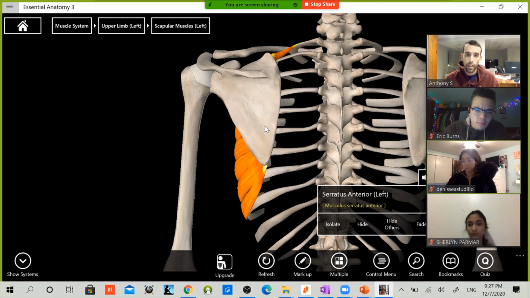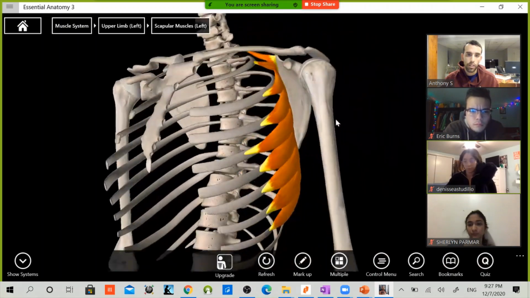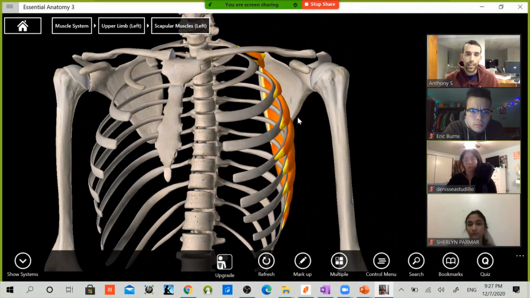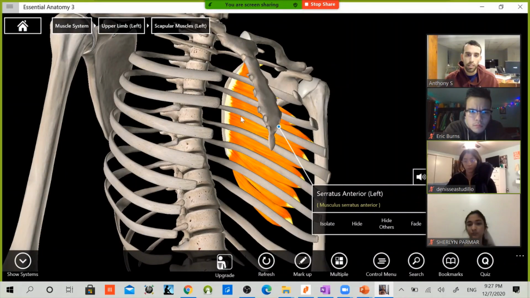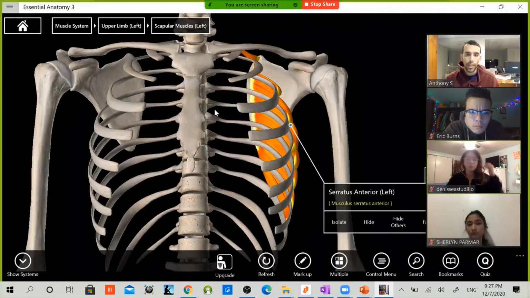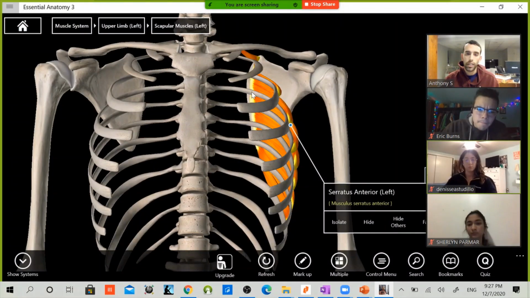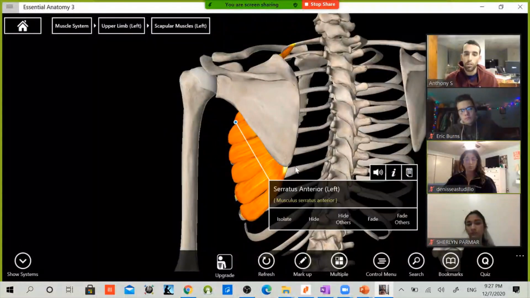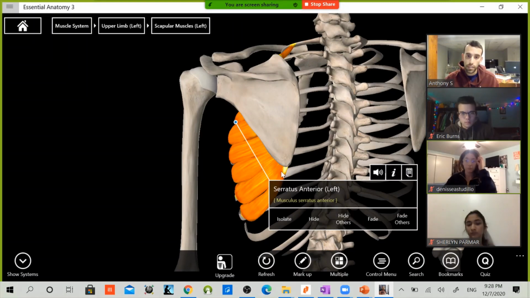This is important, and I will come back to it further down the lecture. See its attachment to the ribs and the scapula medially. Remember, it's controlling that medial positioning and depression. That's how it's going to depress. When it engages, it's going to pull that scapula down as it is elevating up in overhead motion.